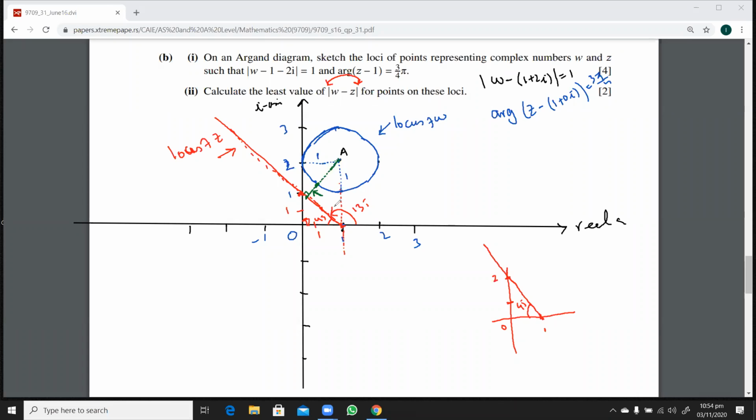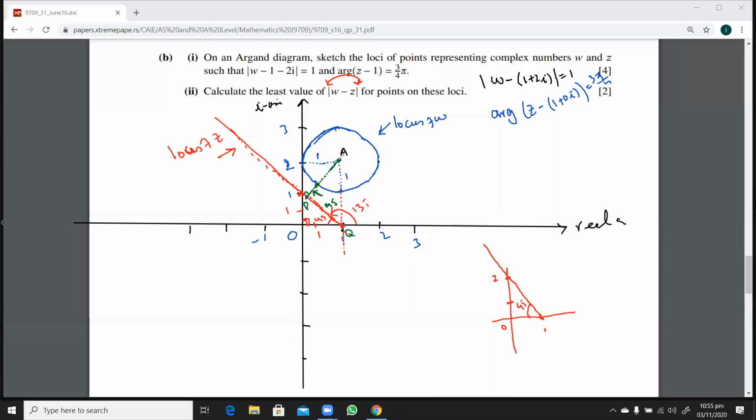Now, can I say that this angle over here is 45? Yes? Okay. Now, can I find this length AP if I call this Q within this triangle APQ? What is this length AQ? Yes, this length is 2.